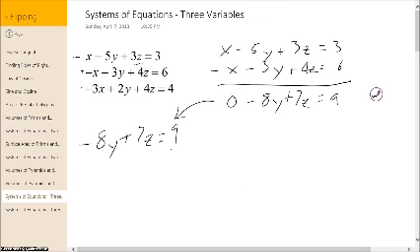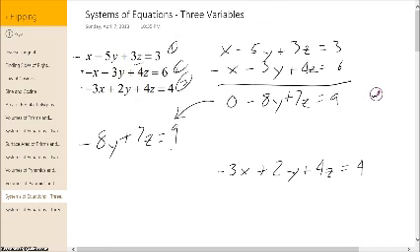Now let's call this first one number 1, 2, and 3, or A, B, C, I suppose we could do. Let's combine the top one with the bottom one. But I need to multiply that top one in order to make all the x's cancel in the last one.